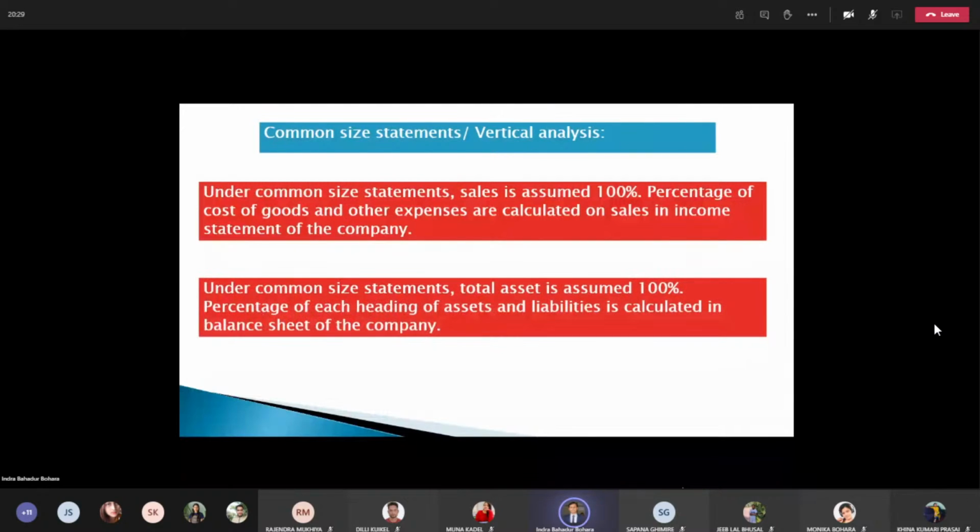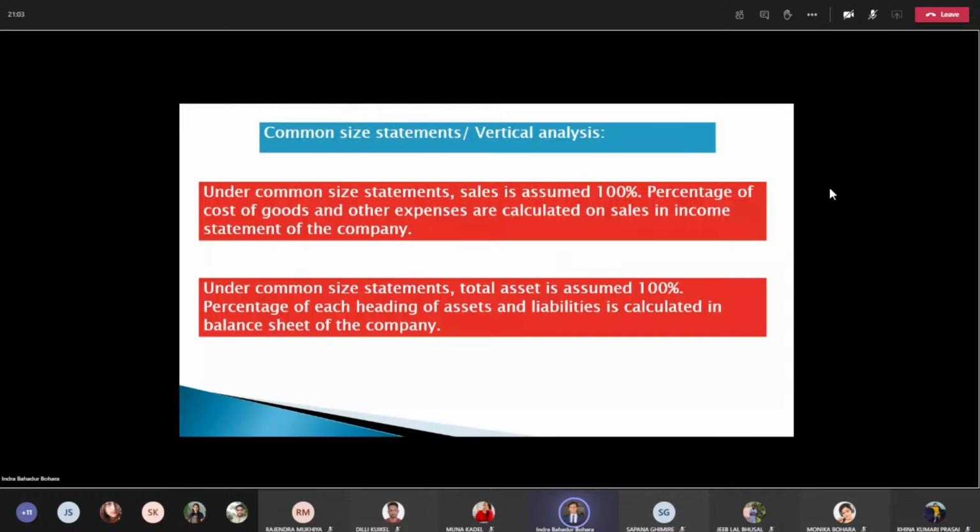And similarly, in the balance sheet total assets is assumed 100%, and percentage of each and every component of assets and liabilities is calculated, and that percentage will be compared: percentage of cash, percentage of bank balance, percentage of stock, percentage of debtors, or percentage of PPE, percentage of intangible investment, etc. They are calculated based on total assets.